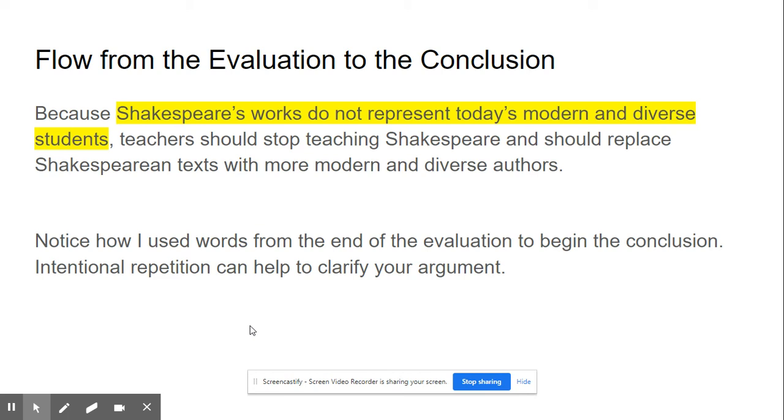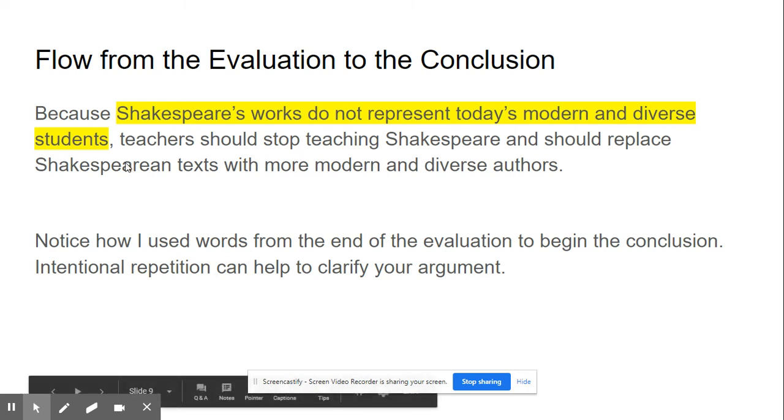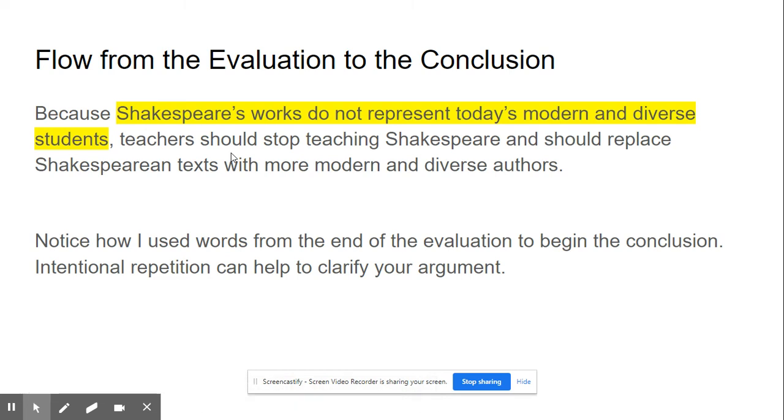Because Shakespeare's works do not represent today's modern and diverse students, notice my comma here at the end of the dependent clause, teachers should stop teaching Shakespeare and should replace Shakespearean texts with more modern and diverse authors, okay? So I intentionally repeated something to help clarify the argument. Notice that this goes back to the thesis and back to the original prompt, right? Because the question is whether or not we should still teach Shakespeare, all right? Be intentional.